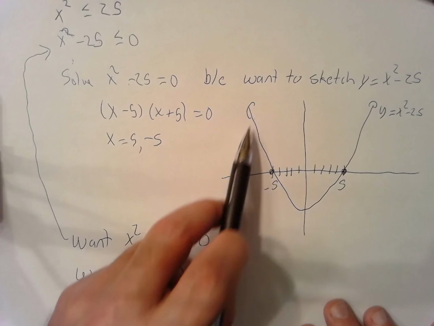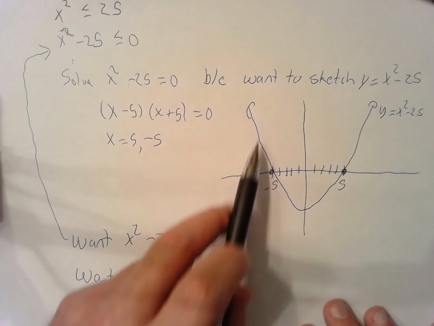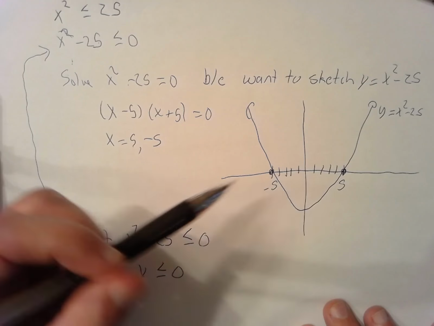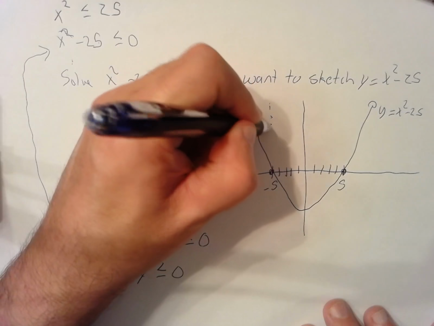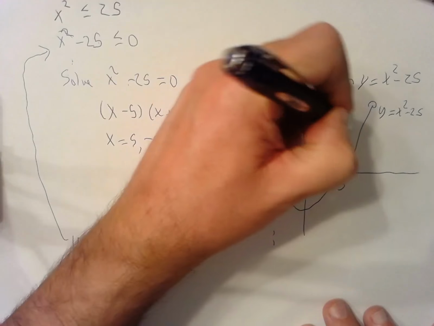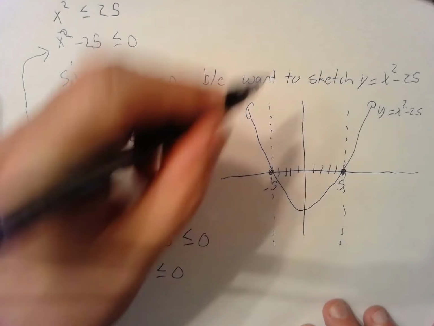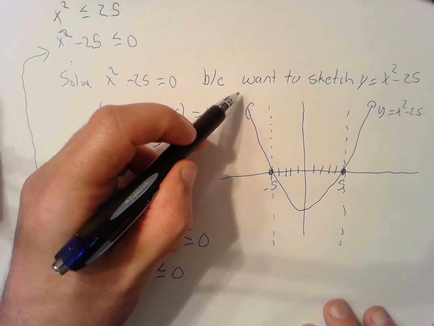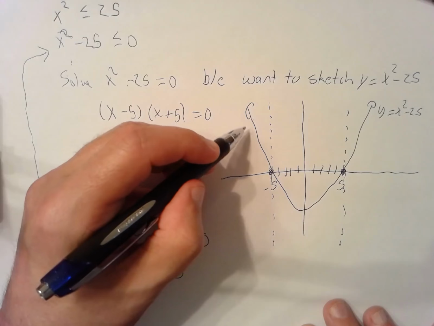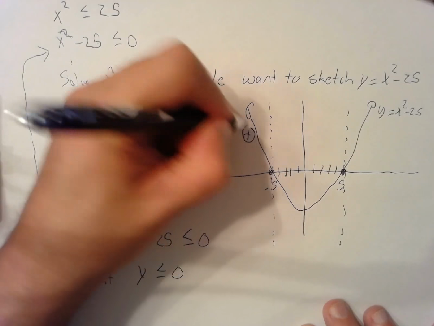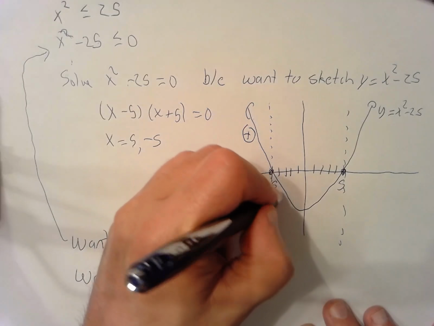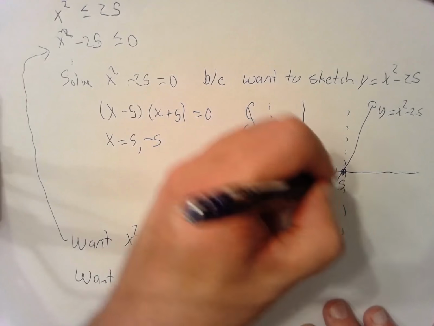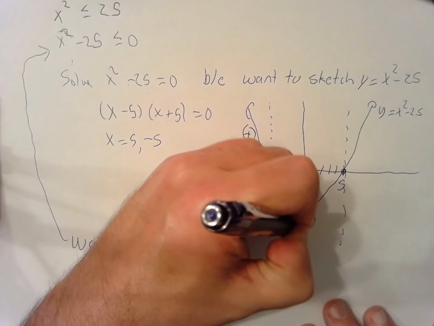So we look over here. What part of this graph is below the x-axis? I like to draw in these little dotted lines here. So this chunk right here, is that above or below? That's above. That guy's positive y's. All of this stuff in here is under. These are all negative y's.